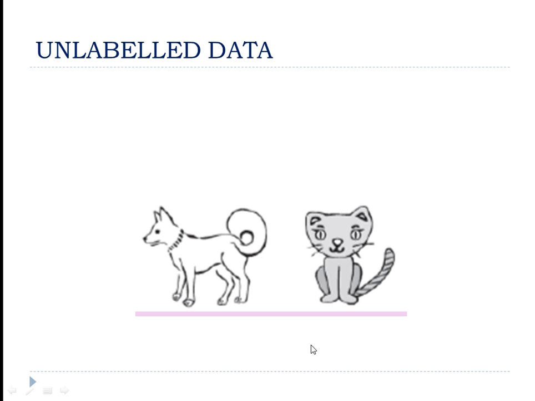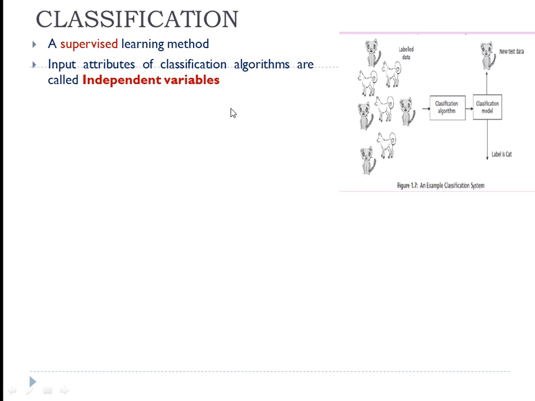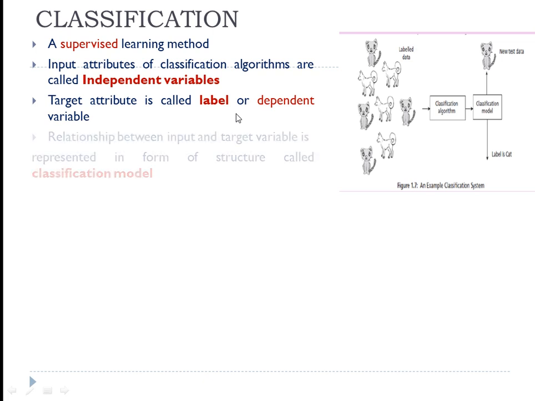Classification need not be just 2 class, it can be 3 class, 4 class or multi-class. So in a classification problem, the input attributes consist of independent variables, and it will have dependent variables, which are nothing but the label. The classification is going to give you an output. If it is a 2-class problem, it will have two types of classes in its output, or a 3-class problem, or it can also be multi-class, more than 3.